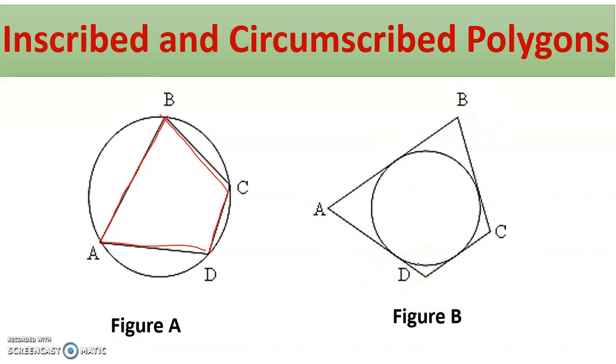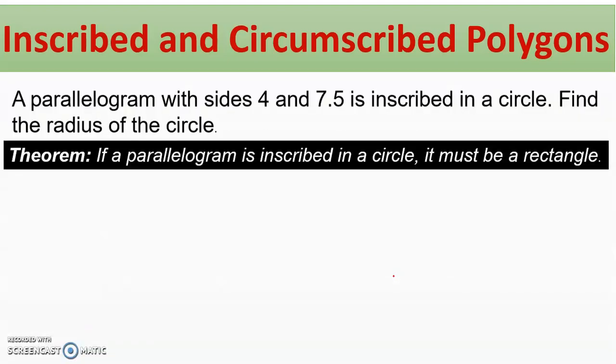So we need to remember when that happens that the opposite angles are supplementary. So angle B and angle D will be equal to 180. Angle A plus angle C will be equal to 180. And when a polygon is circumscribed, these two sides will be congruent. So we need to remember that. The same thing with here and here and here and there.